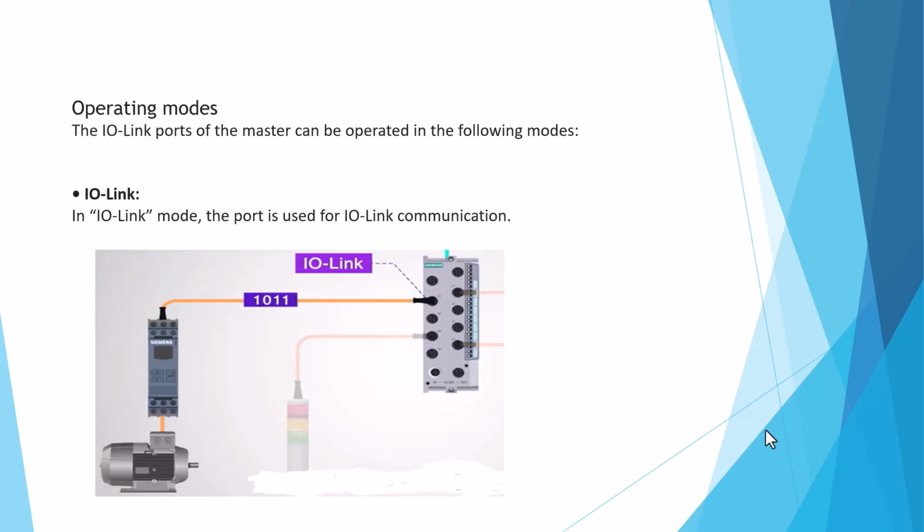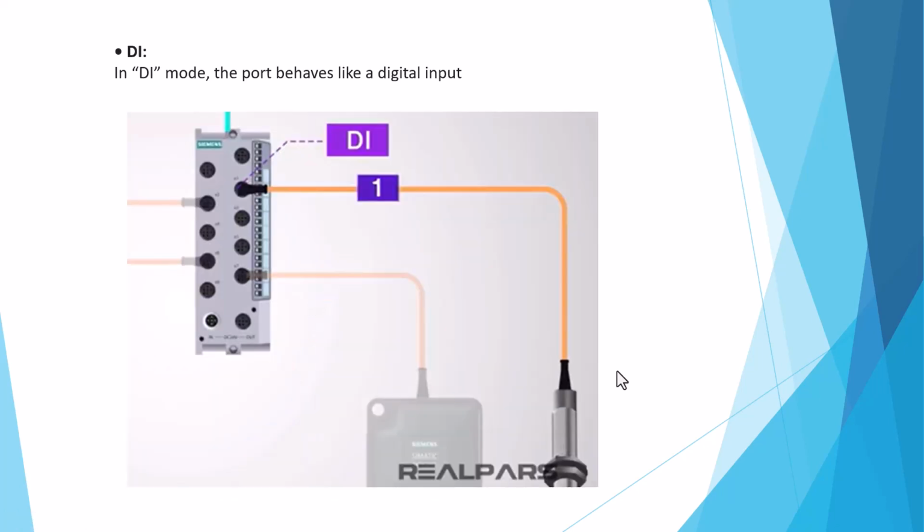Operating mode. IO-Link has 4 operating modes. The first one is called IO-Link, which means the port is used for IO-Link communication. The second one is called DI, where the port behaves like a digital input.